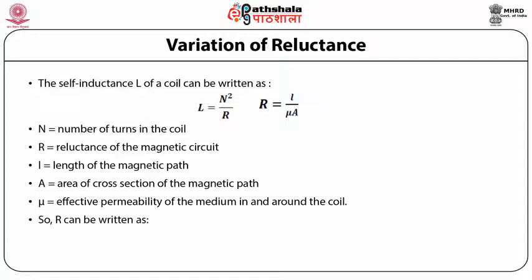So R can be written as R equal to 1 by mu G, where G is A by l, where G is the geometric form factor.